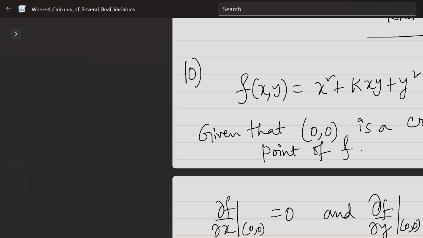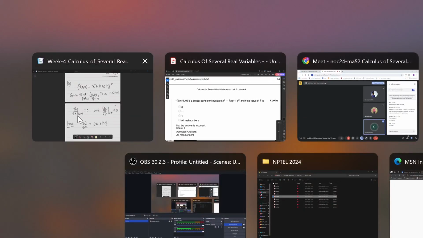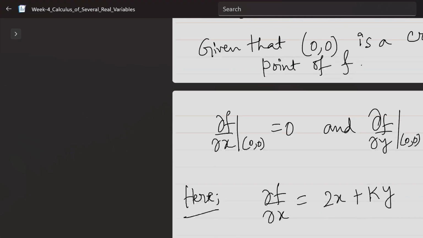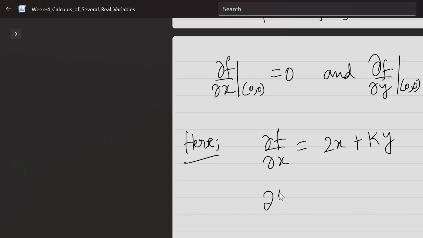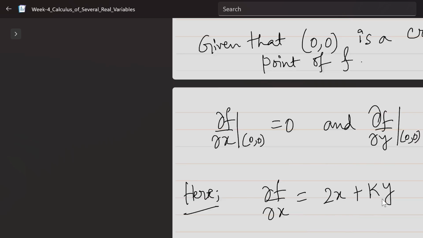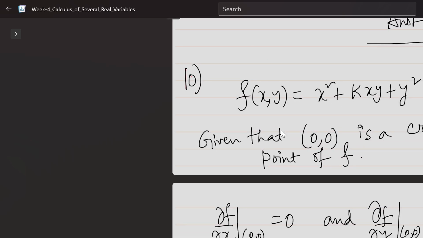So here, what is del f del x? 2x plus ky. And what is del f del y? It is 2y plus kx. As you see here, f is x square plus kxy plus y square. Okay.